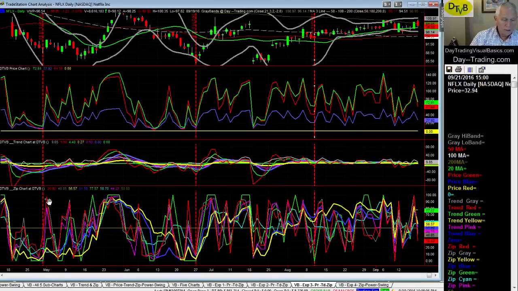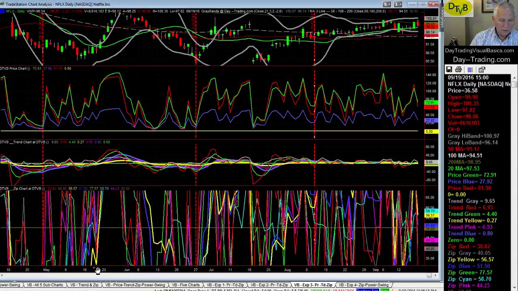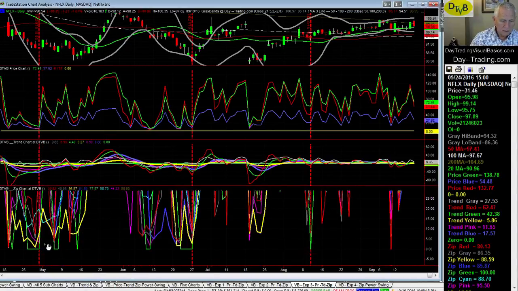The third one I'm going to show you is a drop down: zip pink has dropped down next to green. Again, if you can't see it, I'll move this up a little bit and we'll get a closer look at it. You can see right in here that the zip pink has continued down for, looks like, a fourth day, and it is now next to the zip green. The zip pink is at 3.5, so again, that's kind of high, because oftentimes you'll see the zip pink under 3, under 2.